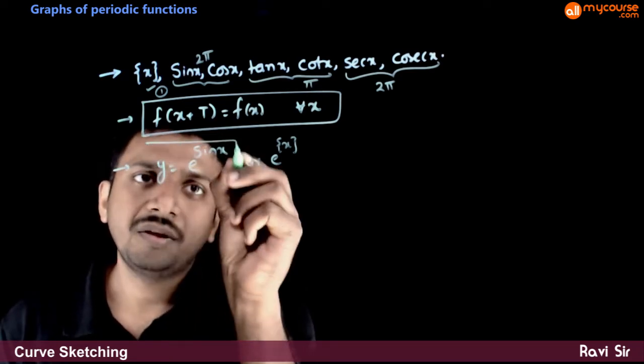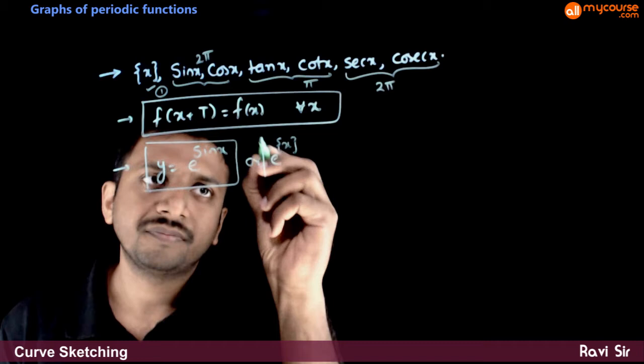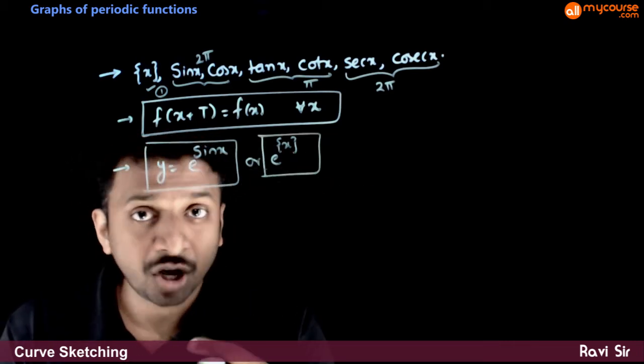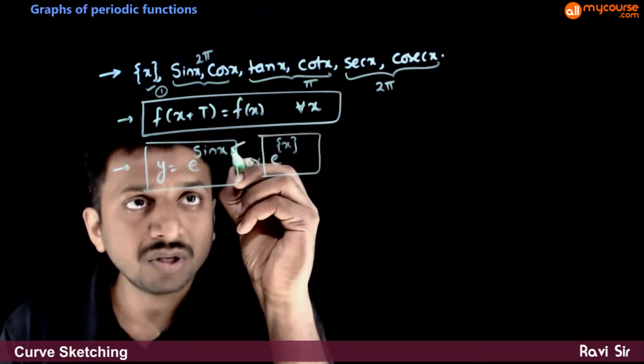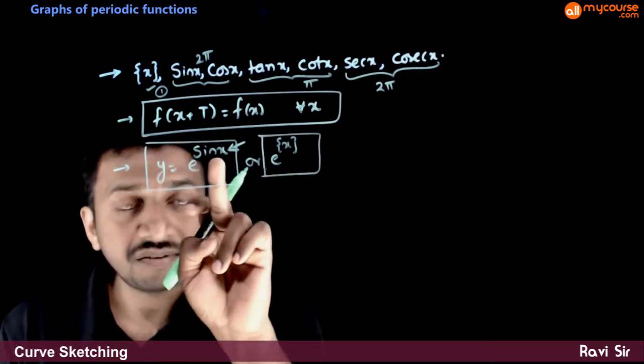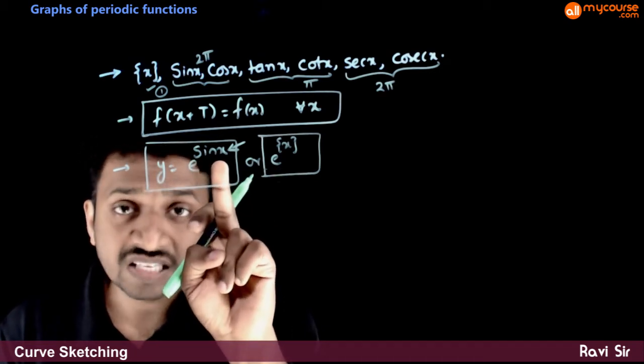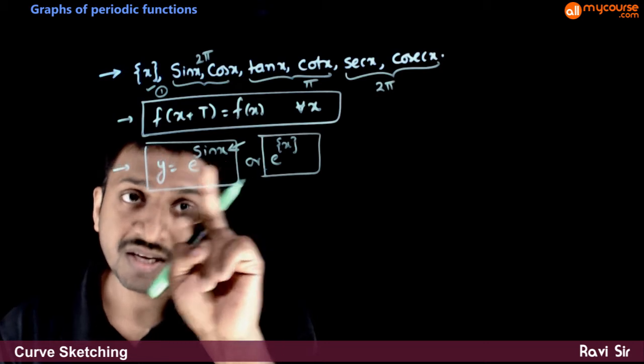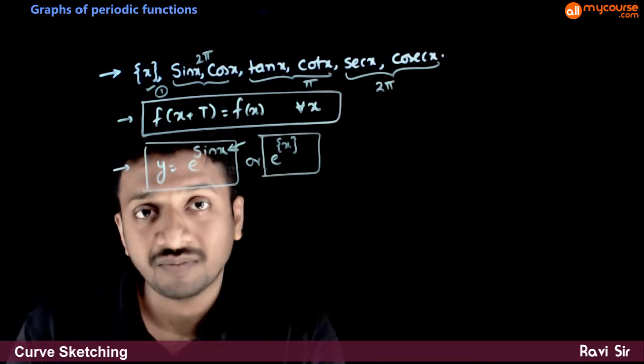So whenever you have a composite function, as we have seen in the topic of functions, if the innermost function, the first function into which x is going, is periodic, the whole function becomes periodic.